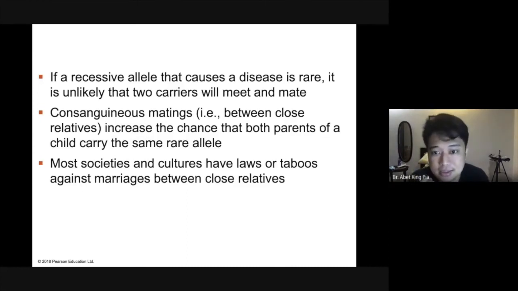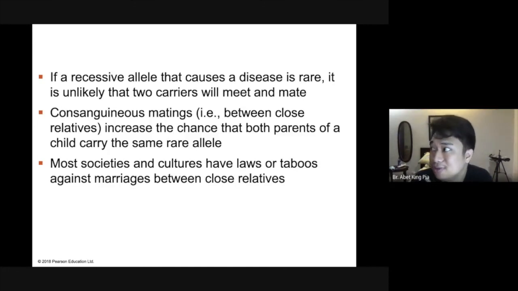So consanguineous matings or between close relatives, hindi ginamit, but the term that we are using is, ano tawag dito? Kalimutan ko yung term. Pero ito yung close relatives na meeting. Anyway, pabalik yan mamaya. The problem with this, kaya tabu siya sa atin.